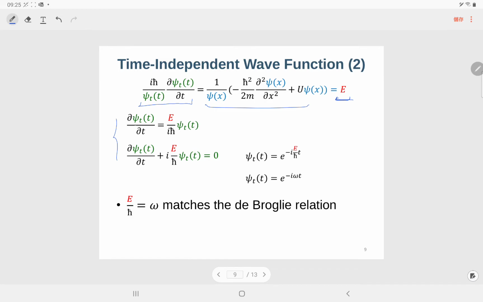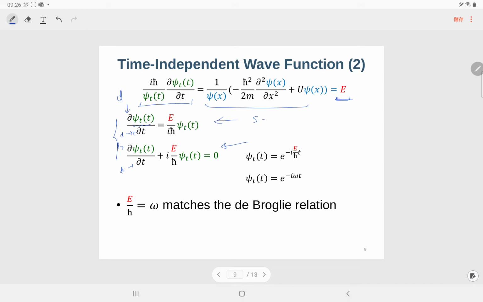Because this only relates to time, we can replace the partial derivative to be D. This also can be replaced to be D. It is the ordinary derivative. So solving the first order ODE is very simple, right? So we just make some substitution.